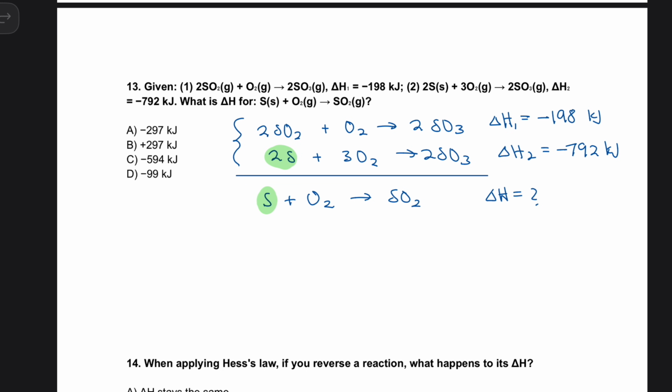So this automatically tells me that I have to keep sulfur on this side, so I don't flip the equation, but I have to just divide it by 2 because I have a coefficient of 2 here and a coefficient of 1 here. So after I do that, I'll write it underneath. I have S plus 1.5 O2 and then SO3. So what I do with the delta H is I divide it by 2. So that equation is done now because the S is perfect.